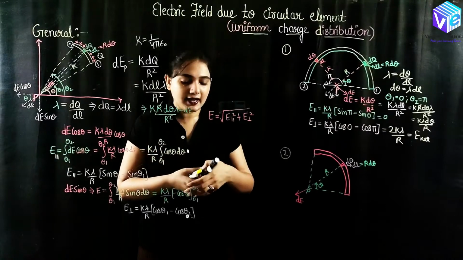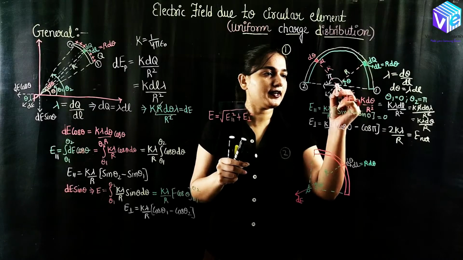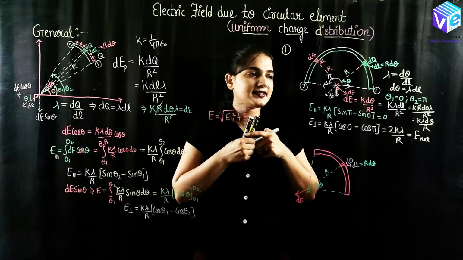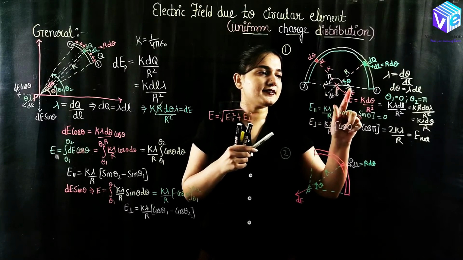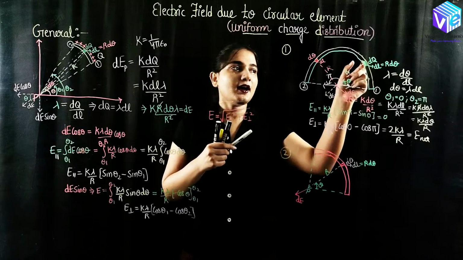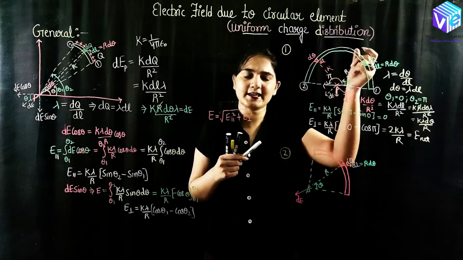Okay, so now I will again resolve the components. One component will be along here and one component will be along here. So I can see that this component is equal to this component because I have taken the same small element. The element was having the same dimension, same charge.